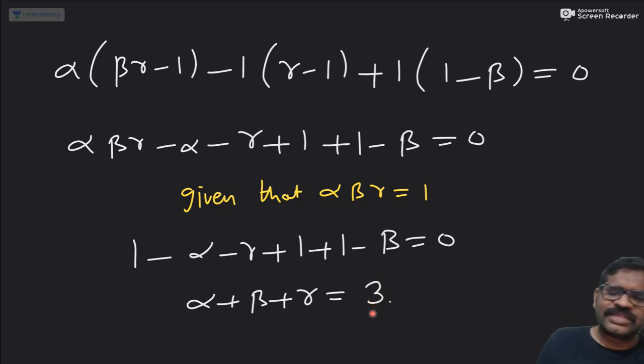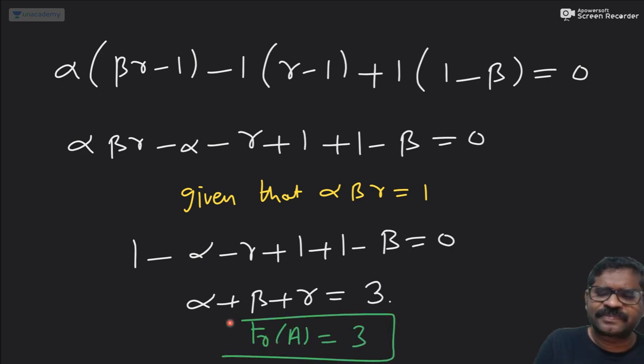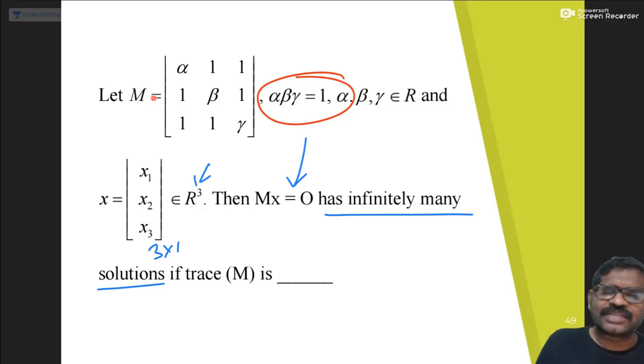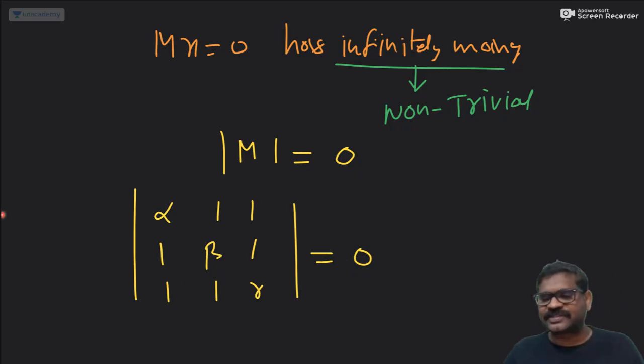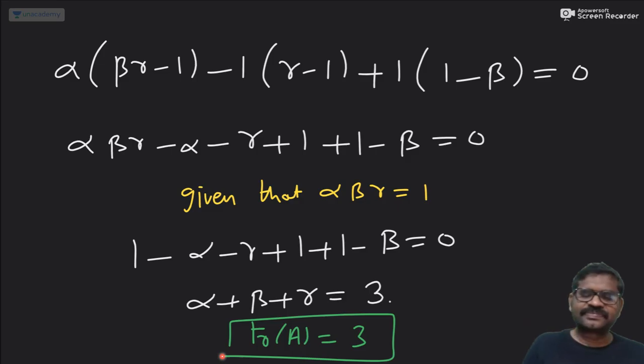Now alpha plus beta plus gamma is nothing but the trace of the matrix. Trace is the sum of principal diagonal elements. Understood? So trace is 3.